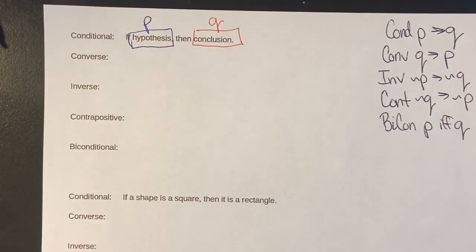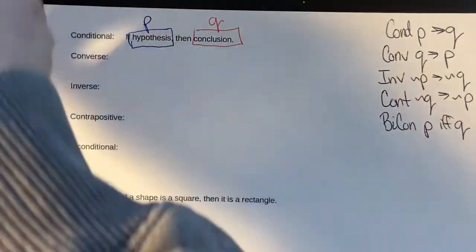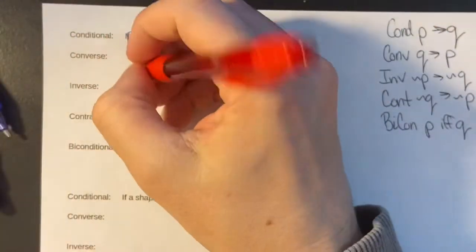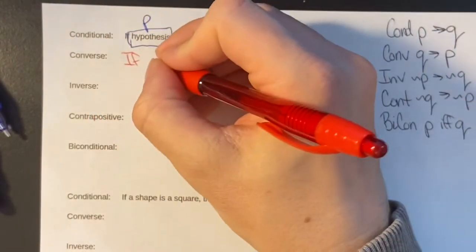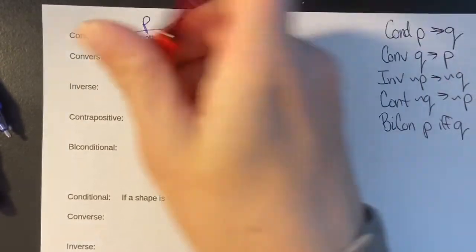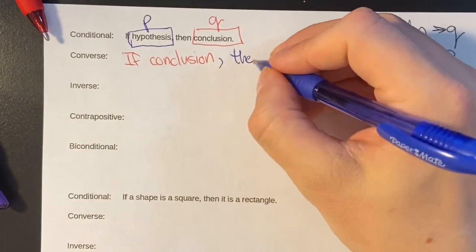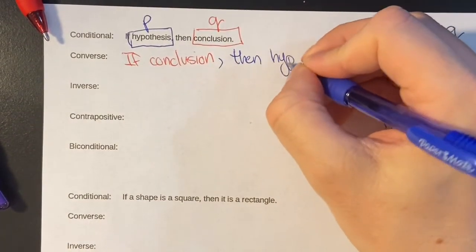When I'm asked to write out the converse, you take this information and flip it. So instead of starting out with if hypothesis, you would say if conclusion, then hypothesis.